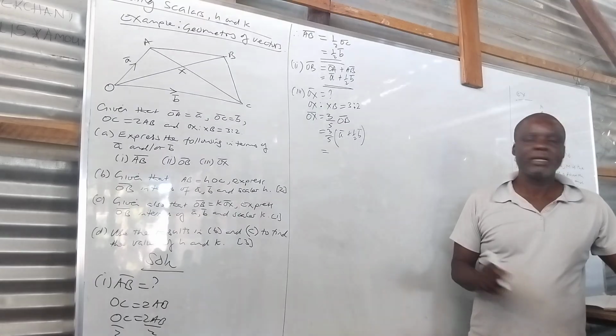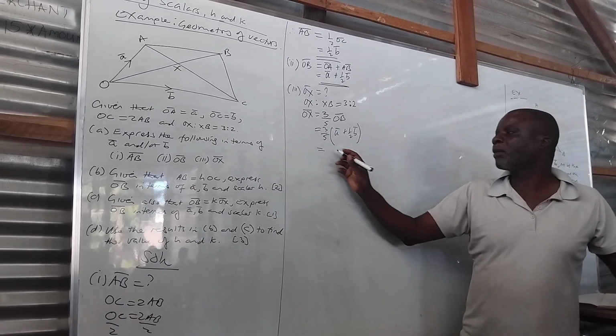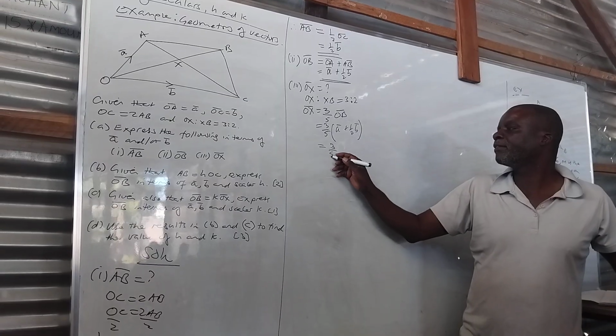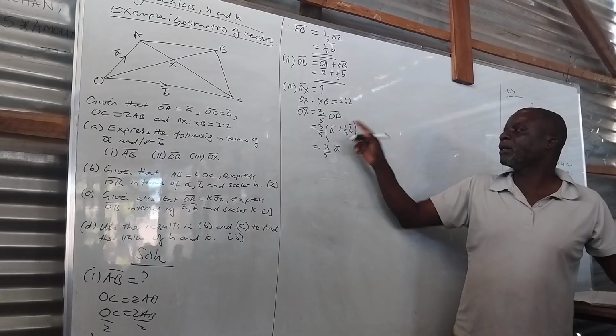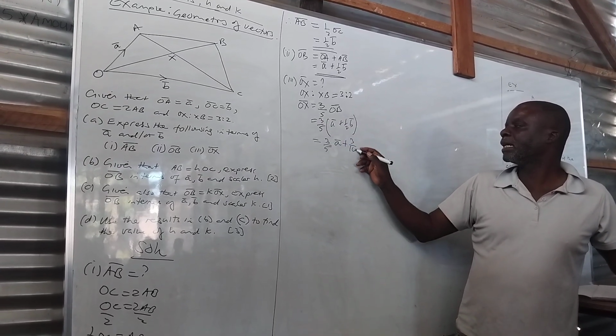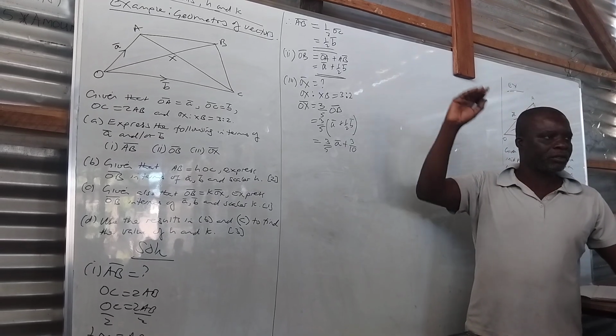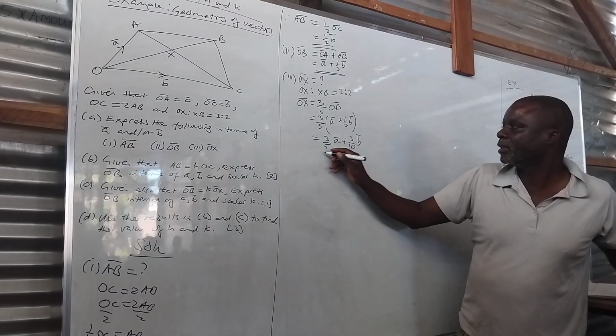Expanding the brackets: 3 over 5 vector A, then 3 over 5 multiplied by half. 3 multiplied by 1 gives 3, and 5 multiplied by 2 gives 10. So 3 over 10 vector B.